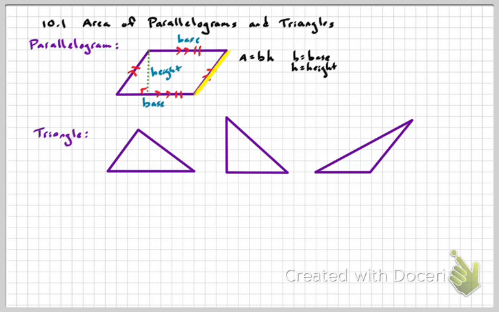We're going to use the orientation: the bottom of the triangle as we're looking at it is the base. For the acute triangle on the left, the height still applies. It's still a perpendicular distance from the base, but it goes to the opposite vertex. For an acute triangle, most of the time the height is going to be inside the triangle, like this.